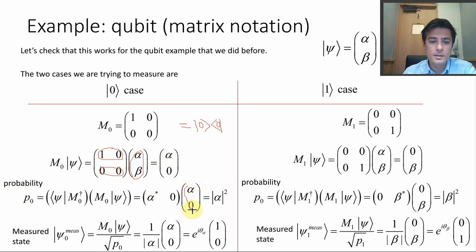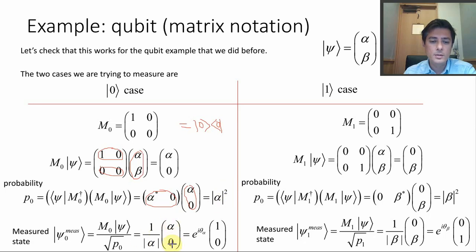You take this column, multiply by this row, so it's alpha times alpha star, so that's alpha mod squared, plus 0, 0. So that's the probability. Good, it agrees with what we were trying to do. And the measured state is this m0 psi divided by the square root of the probability. So it's just this vector divided by the square root of this probability, and the square root cancels this square here.